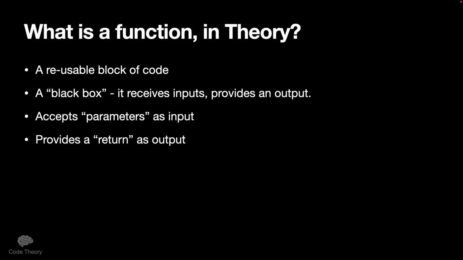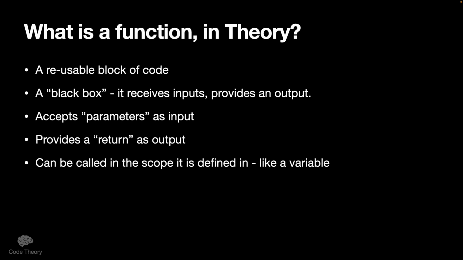For their output, they provide what's called a return. Like variables, functions can be called within the scope that they are defined in, as we were seeing with the definition of the count variable and the message variable. Those rules apply to function definitions as well.